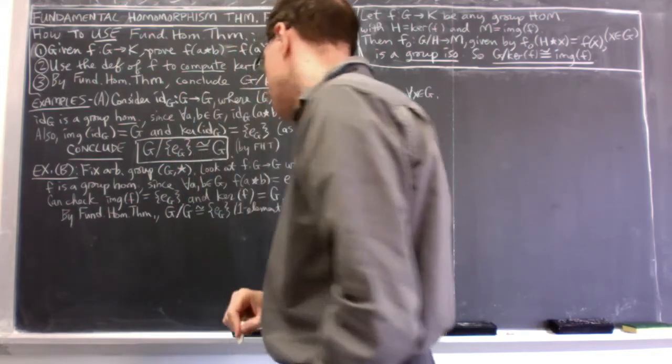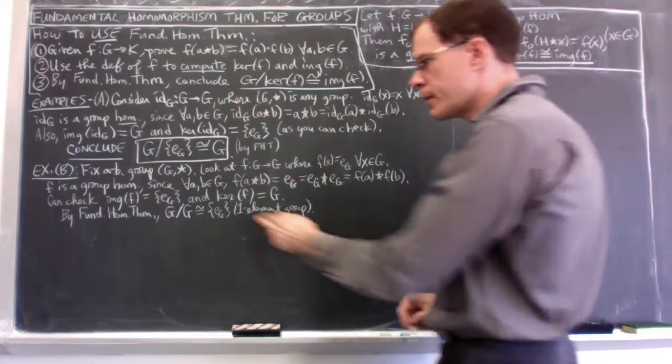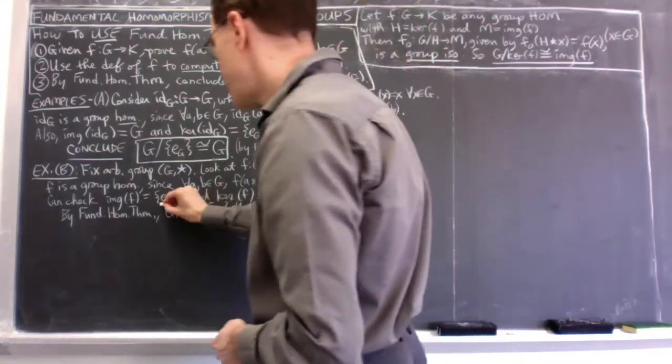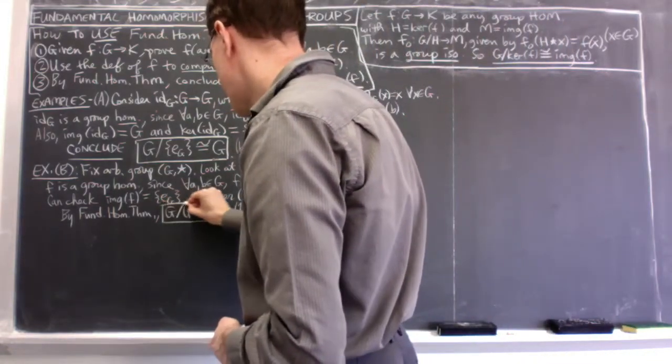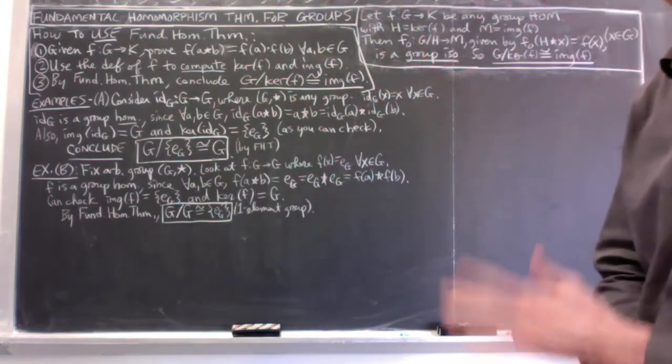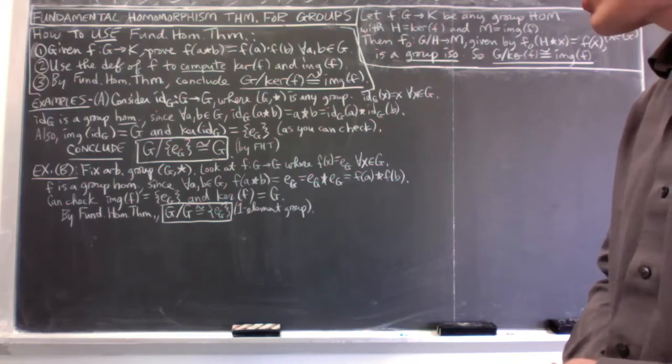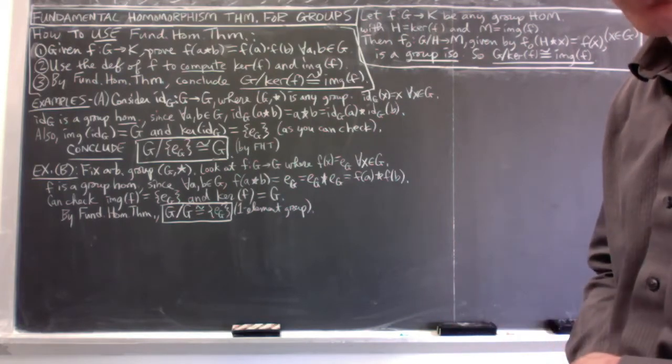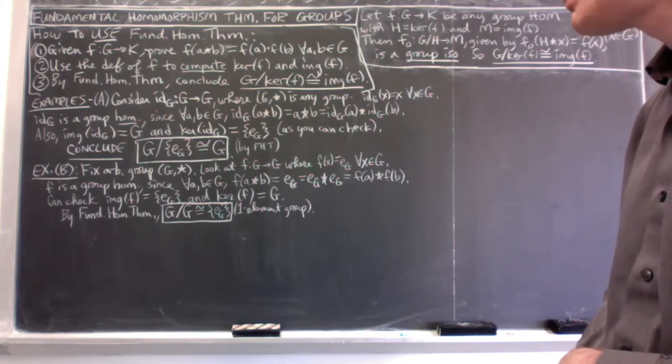So that's not very interesting, but it's showing you that when you take the quotient group G/G, you've discarded all the information. And you just get this sort of trivial little one-element group as a result. All one-element groups, of course, are isomorphic to each other. They have the same multiplication table.